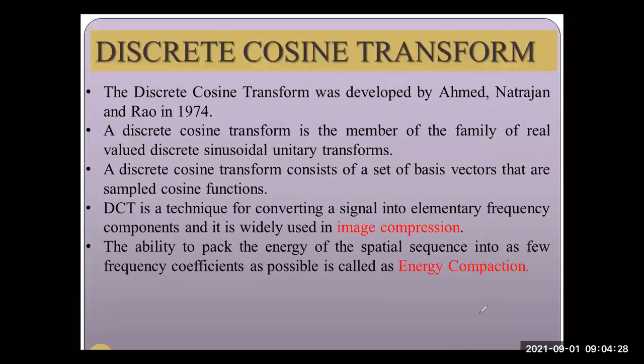Then we just started the introduction part. This discrete cosine transformation was initially developed in the year 1974 by three authors: Ahmed, Natarajan and Rao. As we already discussed, we have characterized the different categories based on the signal: sinusoidal signal, non-sinusoidal signal, and orthogonal signal.